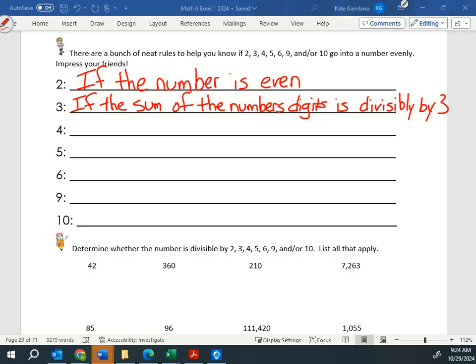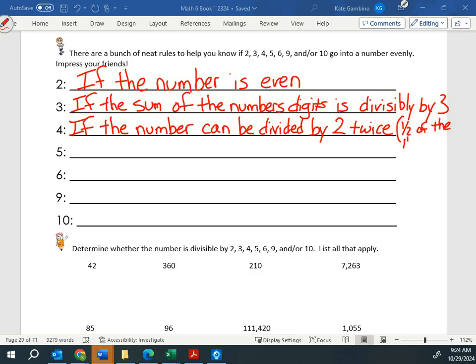If my number is divisible by 4, that would be if the number can be divided by 2 twice. Half of the number is even.